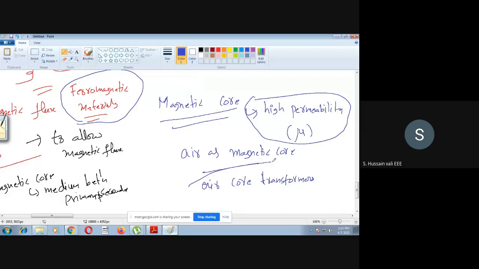In very few applications we will use air core transformers. In that case there is no magnetic core, only air is present between primary and secondary. So that is one more thing you must concentrate on.